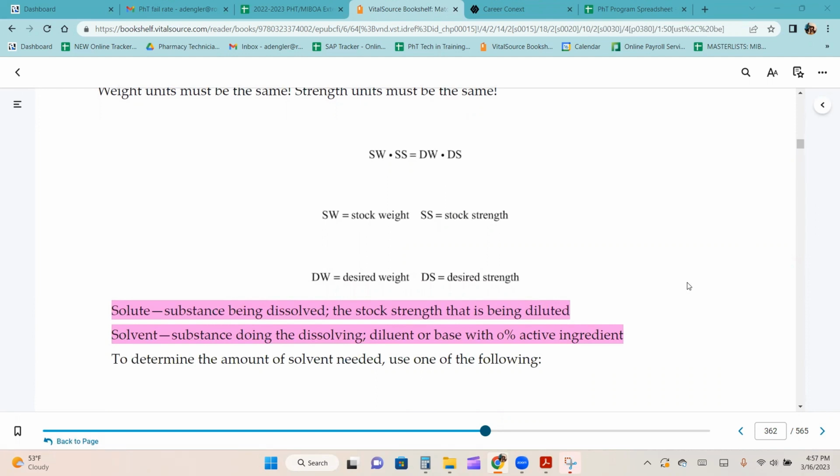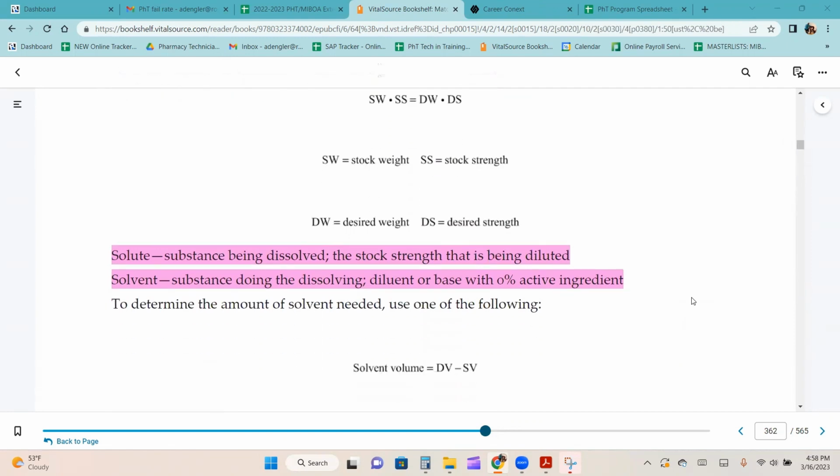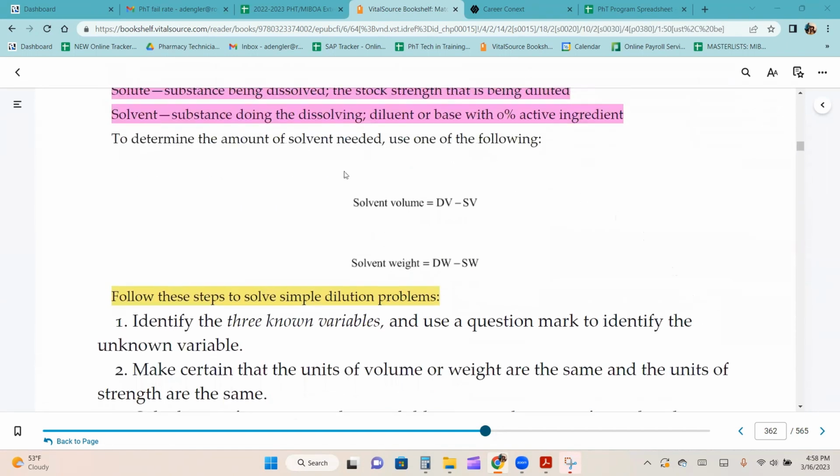A solute is the substance being dissolved, the stock strength that is being diluted. Solvent is a substance doing the dissolving, a diluent or base with 0% active ingredient. Then we have this formula. Solvent volume is equal to DV minus SV, and solvent weight is DW minus SW.